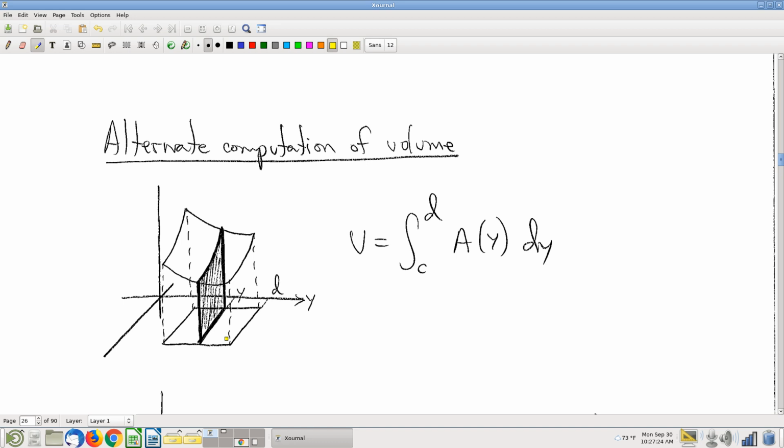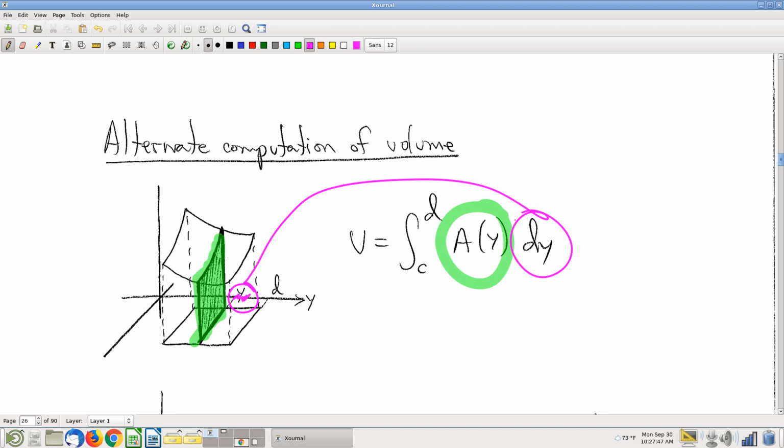And the big idea was, as you go across, you multiply the cross-sectional area times the thickness of the little slice you're taking. And in this case, since we're going in the y direction, I'm going to call that dy. But I hope you all remember these cross-sectional area arguments from computing volumes of rotation. This is morally equivalent in a way.